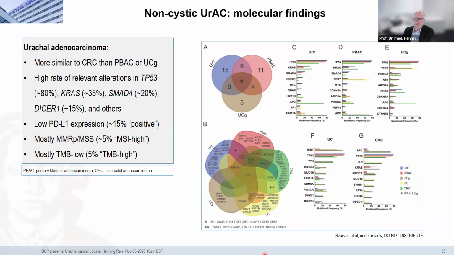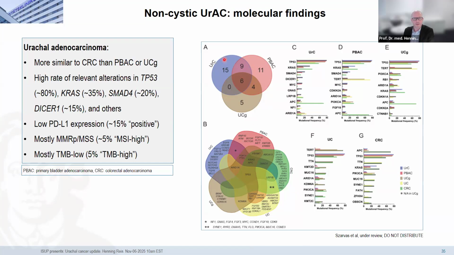So this is not yet published. This is from a meta-analysis our group just performed. It's submitted, but not yet published. So we looked for the overlapping molecular mutational profile.